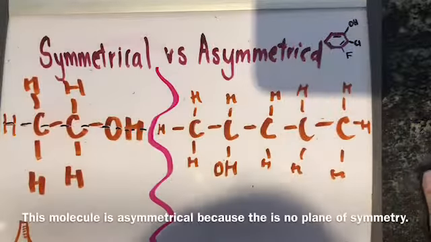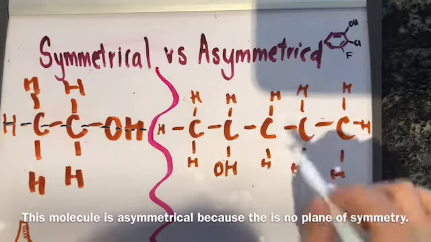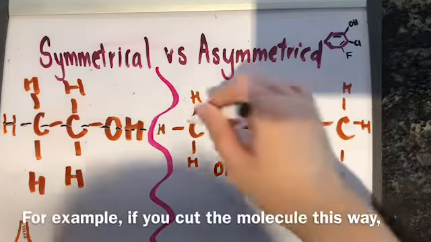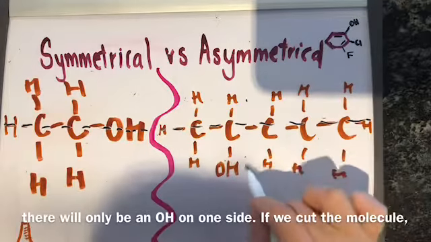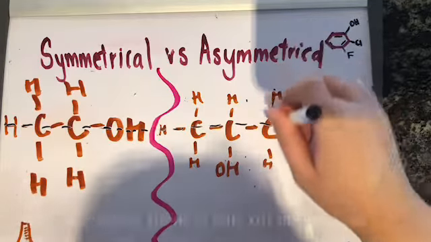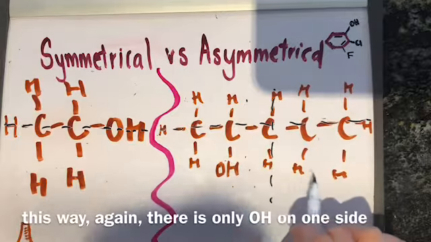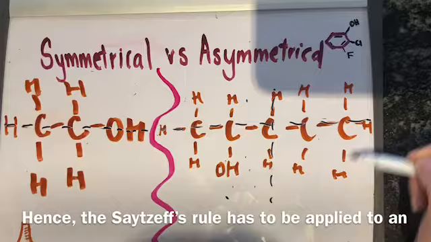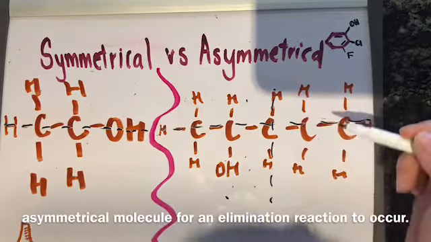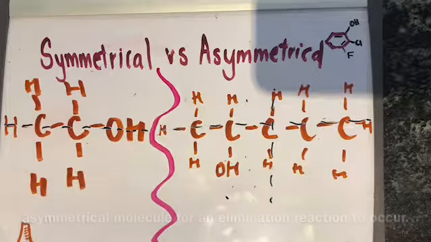This molecule is asymmetrical because there is no plane of symmetry. For example, if you cut the molecule this way, there will only be an OH on one side. If we cut the molecule this way, again, there's only OH on one side. Hence, Saytsev's rule has to be applied to an asymmetrical molecule for an elimination reaction to occur.